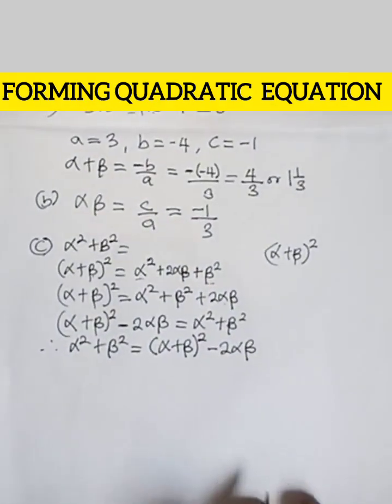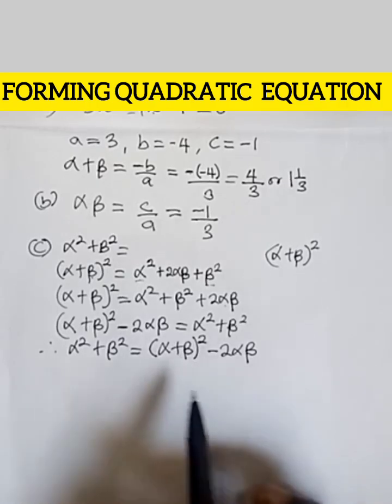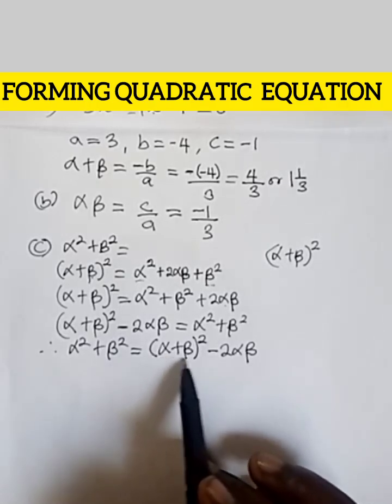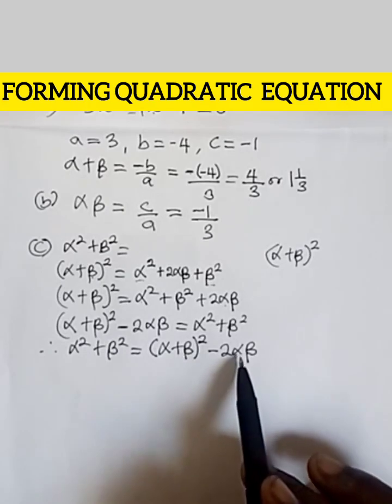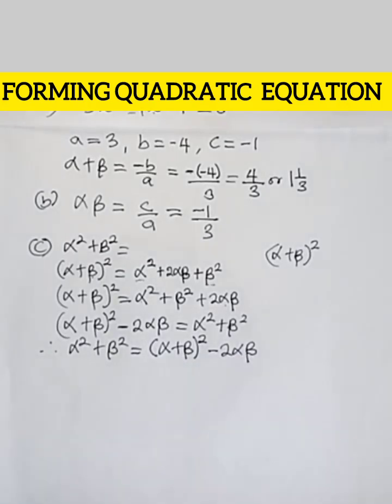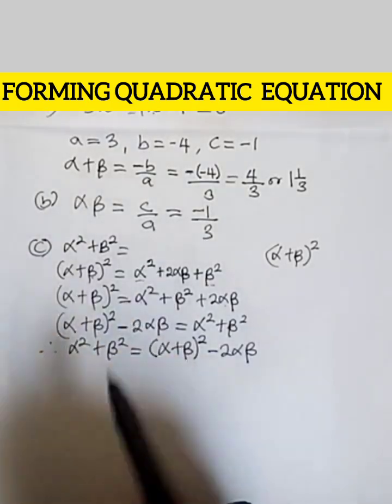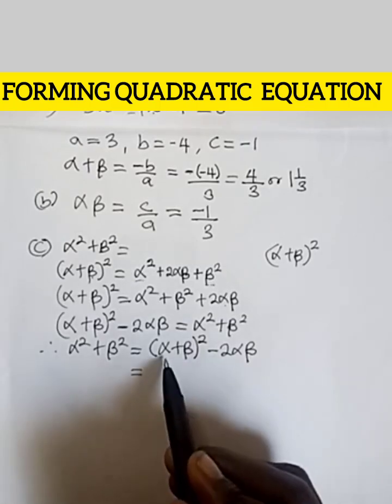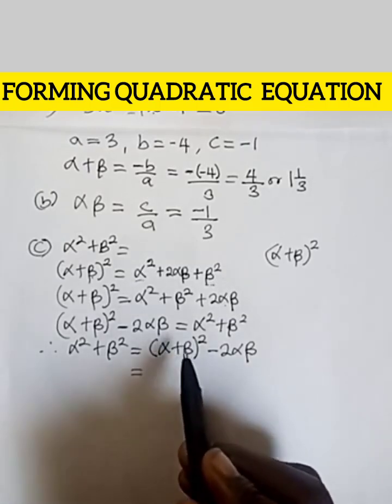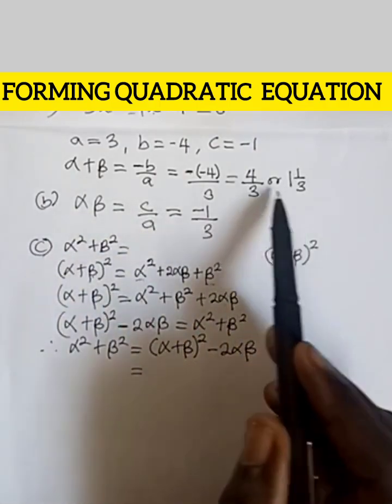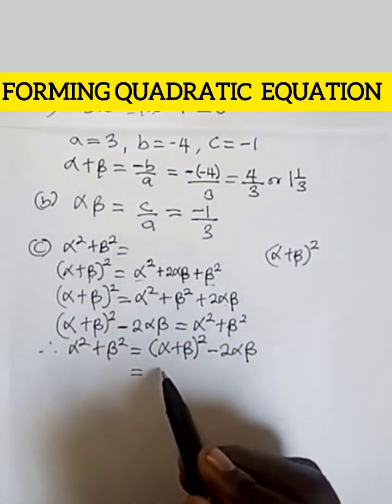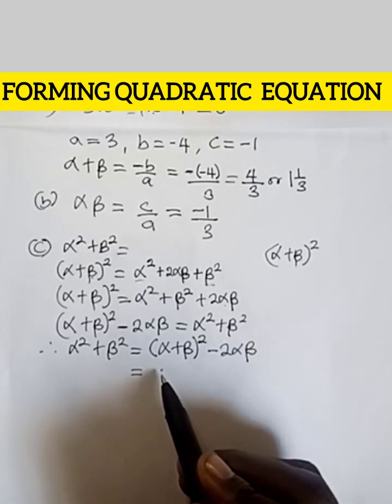Now we can substitute the values. Alpha plus beta stands for the sum of roots, and alpha beta stands for the product of roots. So in order to solve this, we are going to substitute the values. For the sum of roots, we've gotten the value 4/3, which we substitute.